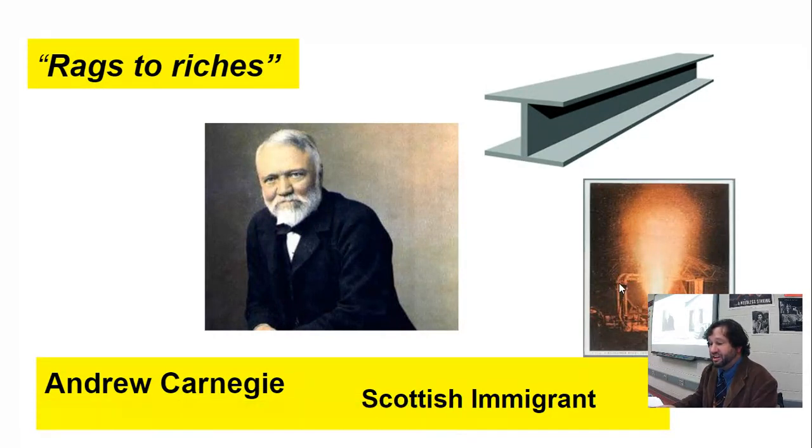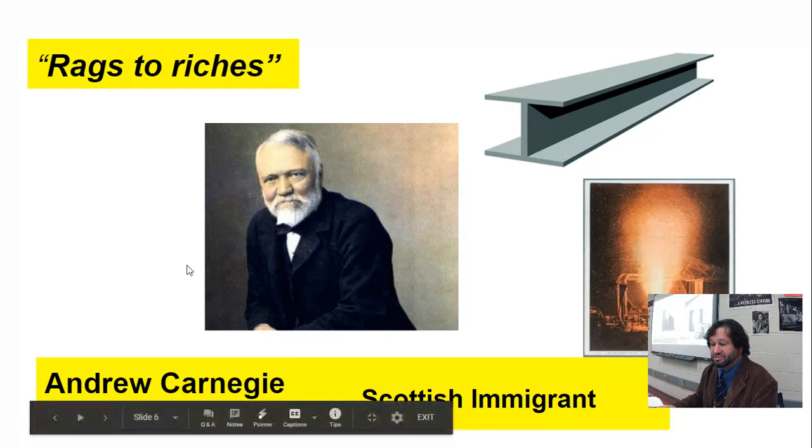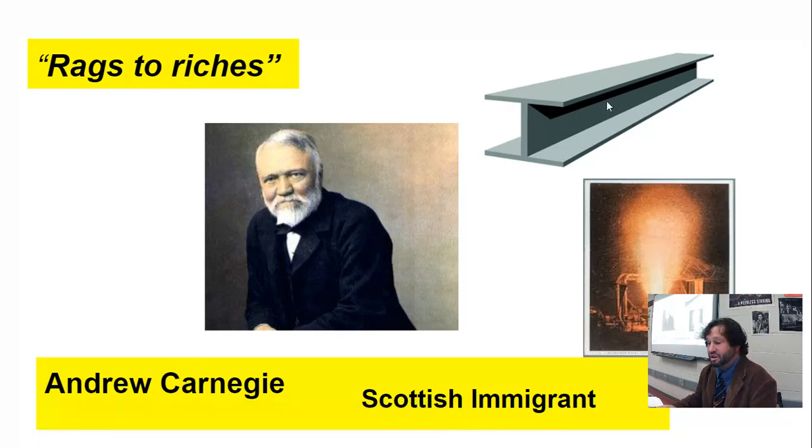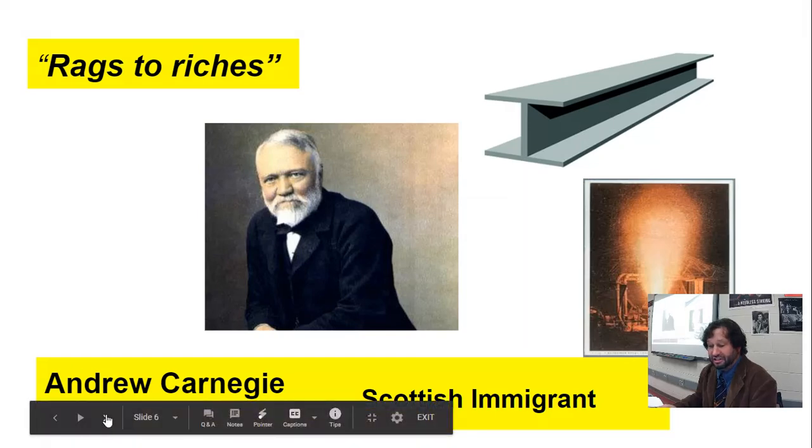And this right here showing the blasting furnace, this was called the Bessemer method. The Bessemer process was a new way to make steel far more efficiently, quicker, stronger steel. So this was a way to mass produce steel. And Carnegie had to go way over to England to learn this.